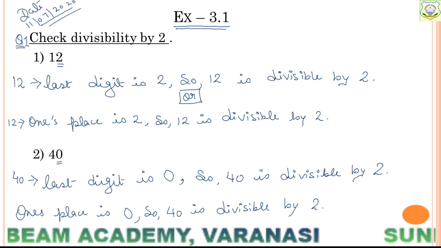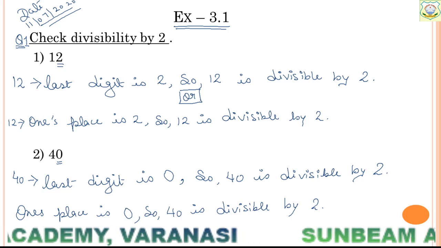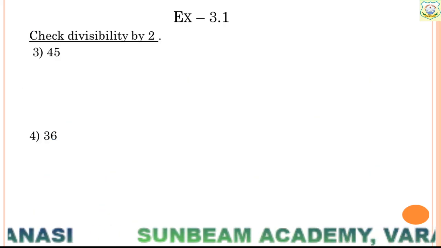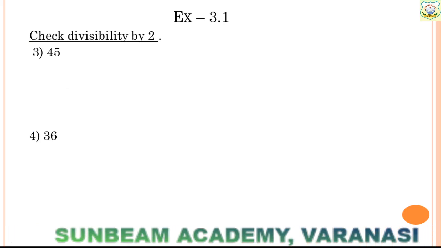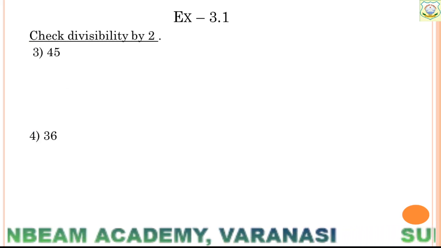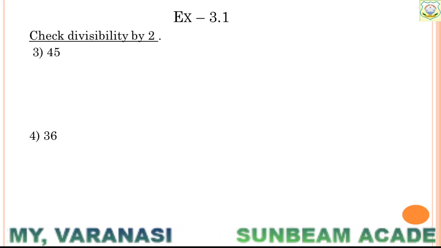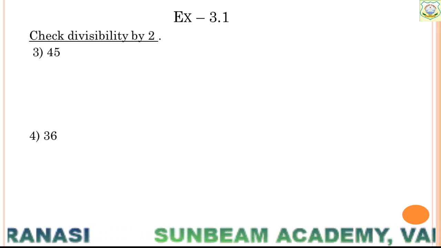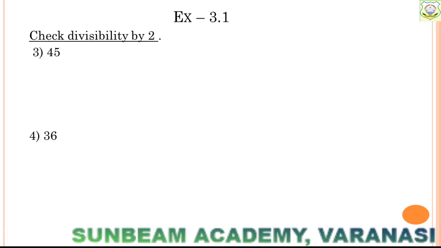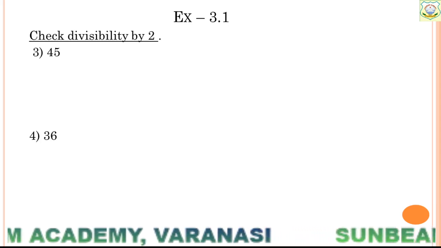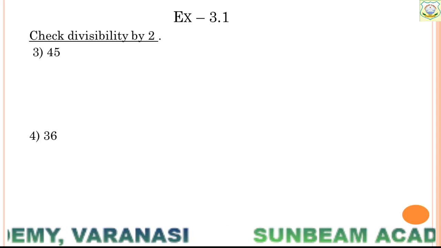Done, students? Now let's proceed. Question number 3 is 45. If you have space, you can do it on the same page because it is divisibility by 2. In every part we are going to do 4 questions: check divisibility by 2, we will do 4, then by 5, 4, and then by 10, 4.